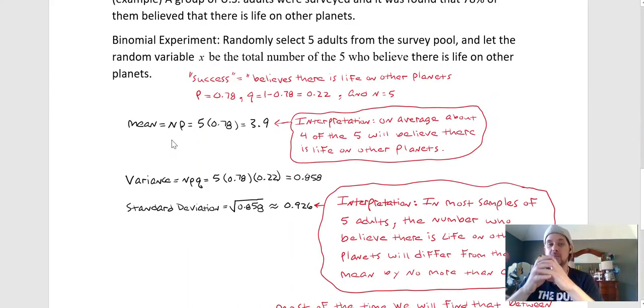Okay, so here's how we'll get our numbers together. A success in this binomial experiment will be that you take one of those 5 people and you see if they believe there's life on other planets. So success is that they do believe there's life on other planets.